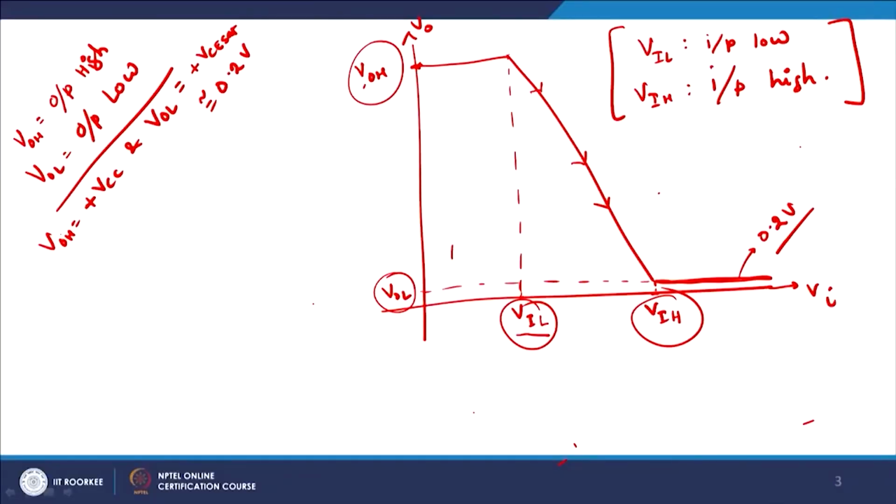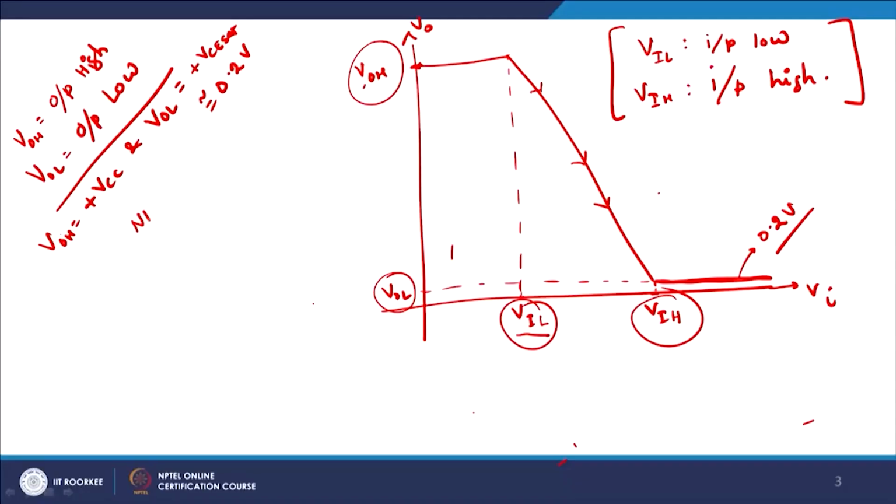We define a new term here, which is the noise margin, the static noise margin. High noise margin is defined as VOH minus VIH, and NML is VIL minus VOL.